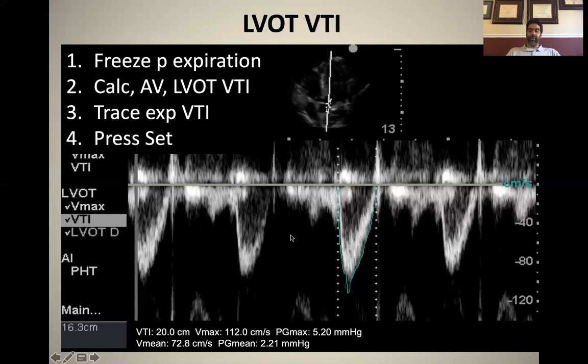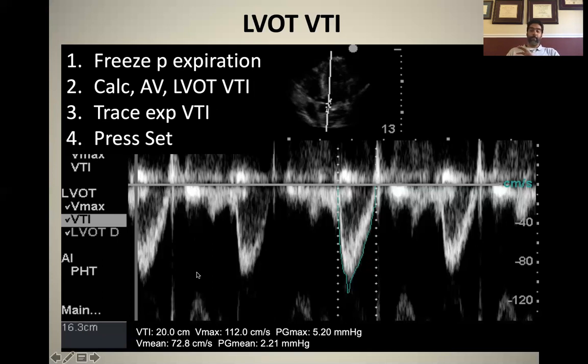That's going to give you little crosshairs. You're going to bring that to the beginning of your waveform, and you're going to trace this waveform freehand up to the closing click. And when you hit set, you're going to get a bunch of numbers here. The number we're interested in is the VTI, the velocity time integral, or the area under that curve.